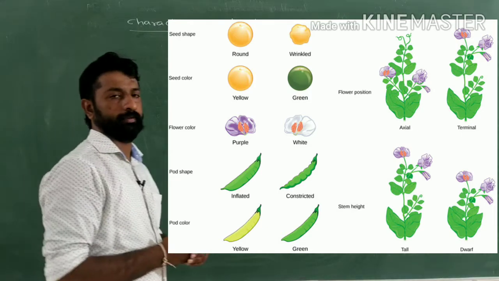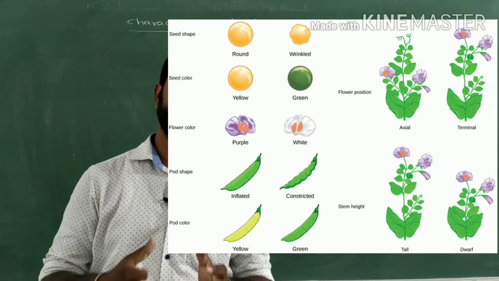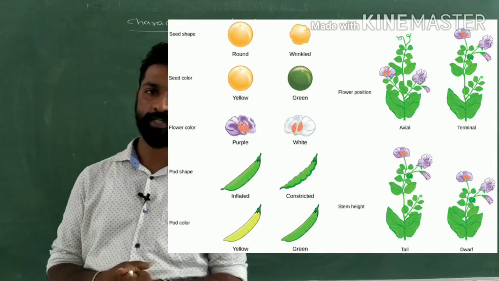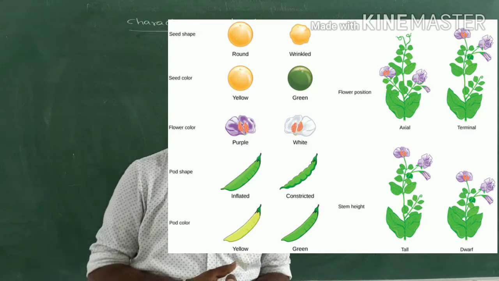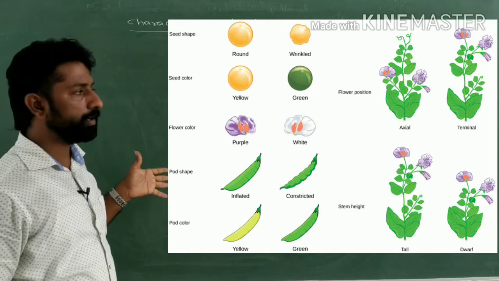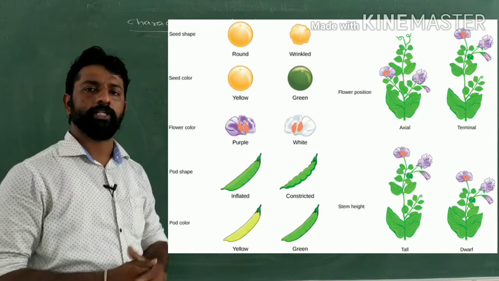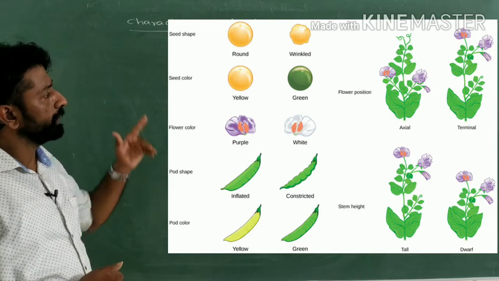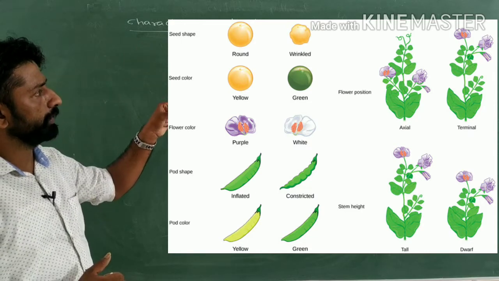So here is the list of 7 pairs of traits what Mendel selected in the pea plant for his experiment, or the 7 characters he selected in the pea plant for the hybridization experiment. In that first one, you can see the character and then the contrasting traits.